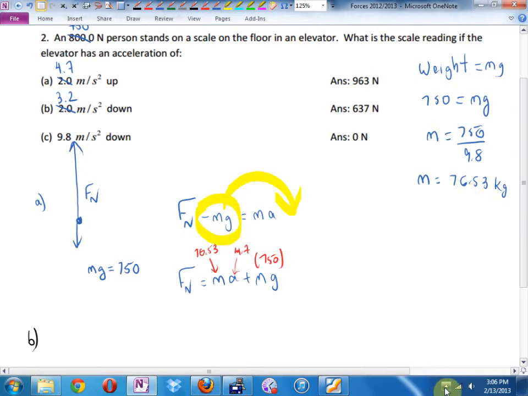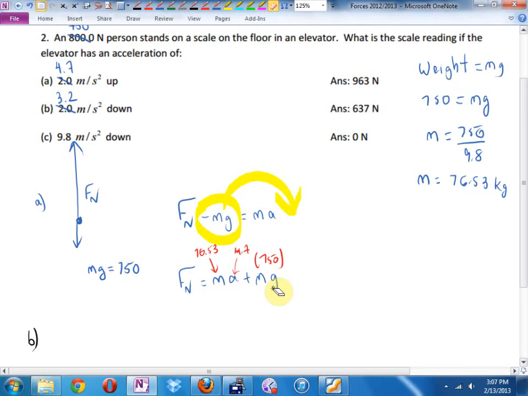In the original question, 800 divided by 9.8 is the mass, times the acceleration, and you added then mg, which was 800 in the original question. I just don't think you knew why you were doing it. I think you had to look at the answer and say, I'm 800 light. Okay, hopefully I've convinced you why we're doing it that way. It's been much easier that way since I taught the lesson.